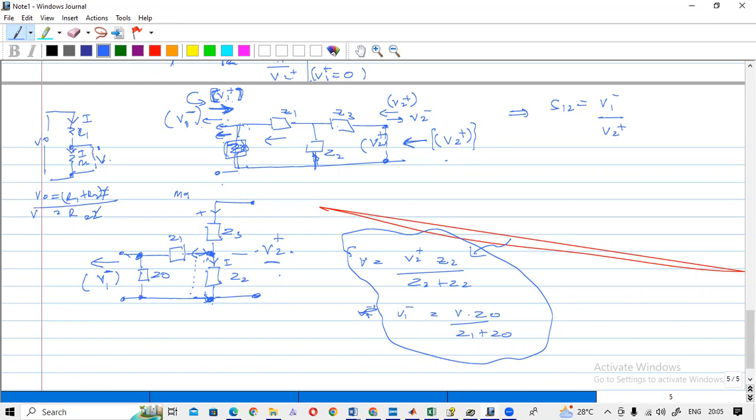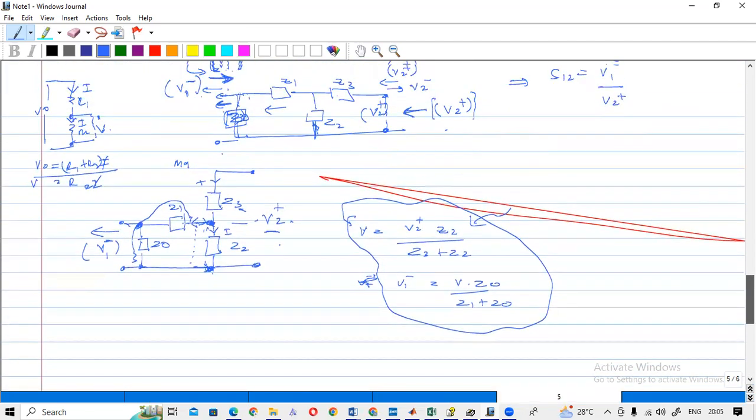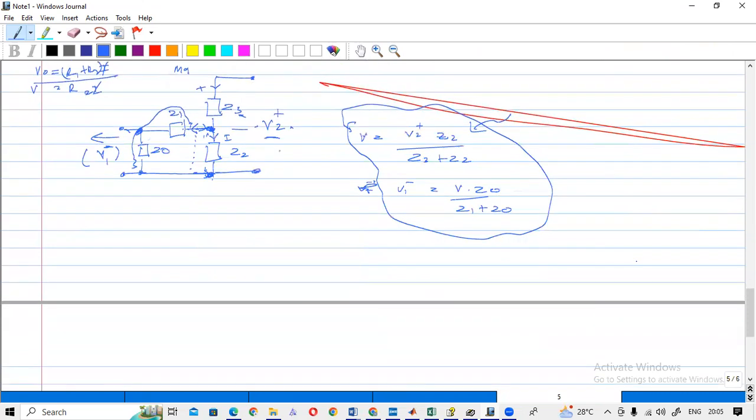I think you can do it like this, no? Maybe you can find, I'm not sure. So you can find the total. Yeah, this way you can do, maybe. So this is Z3 and this is Z2, no?